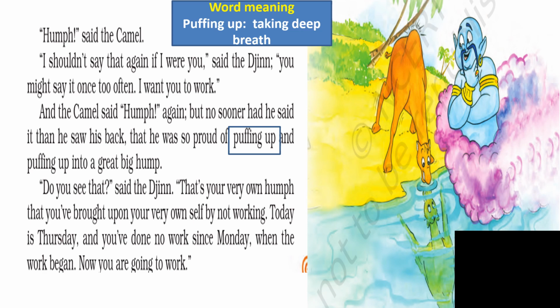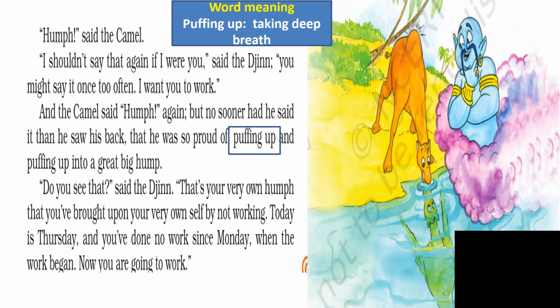"I would not answer like this. You might say it once too often, and I want you to work." And the camel said again, "Hump." But no sooner had he said it than he saw his back, that he was so proud of, puffing up into a great big hump.